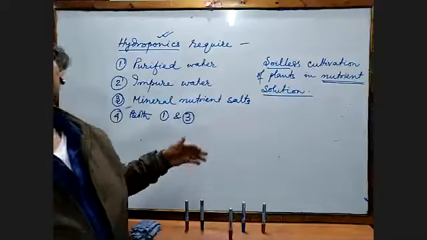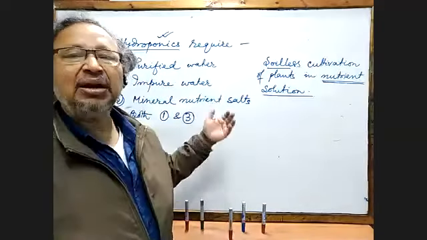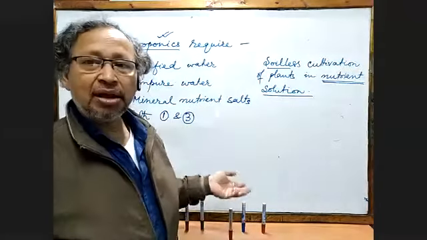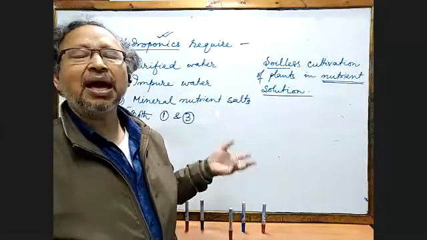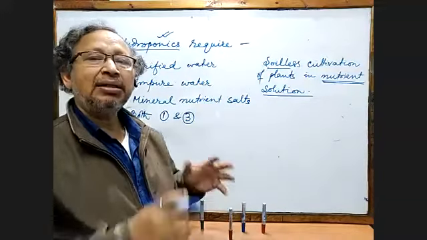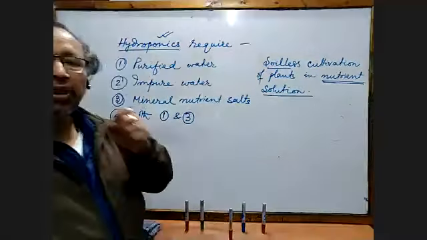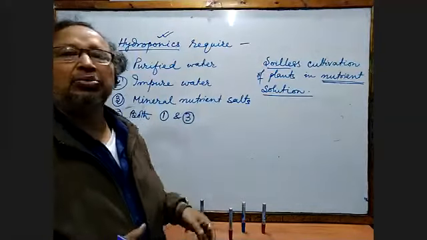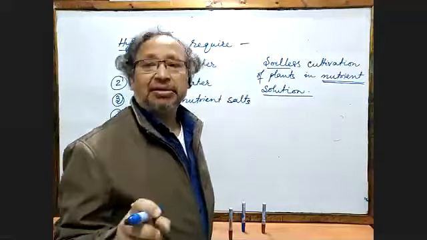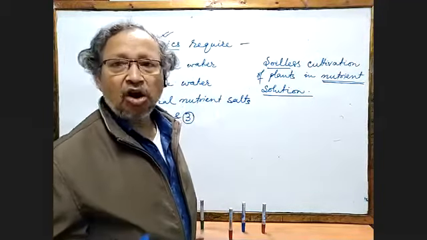These nutrients are added in the form of mineral salt. This is called mineral salt because within the soil, the different elements are available for the plant by the breakdown of the mineral rock.